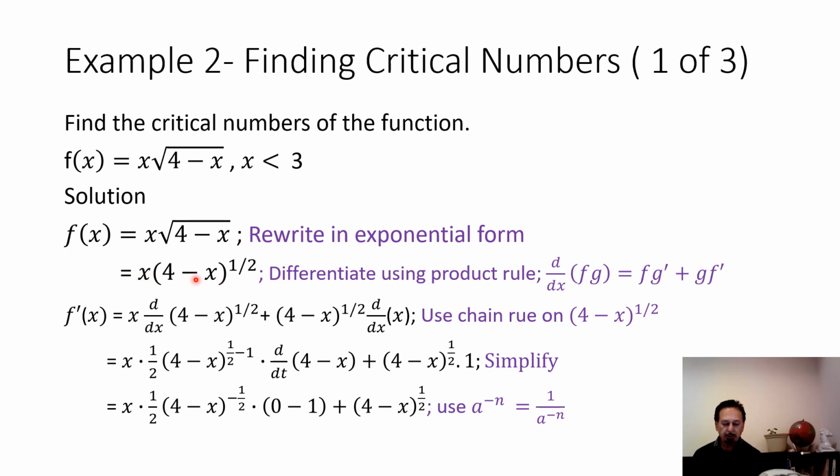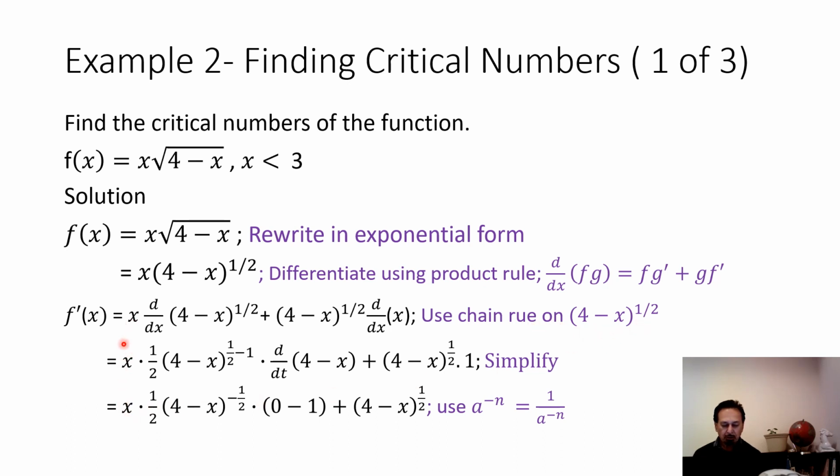Since this is a product, we're going to differentiate using the product rule. So f of x becomes f prime of x: bring the x down and differentiate (4 minus x) to the 1/2, plus now write (4 minus x) to the 1/2 and multiply with the derivative of x. Now we're going to apply the chain rule here.